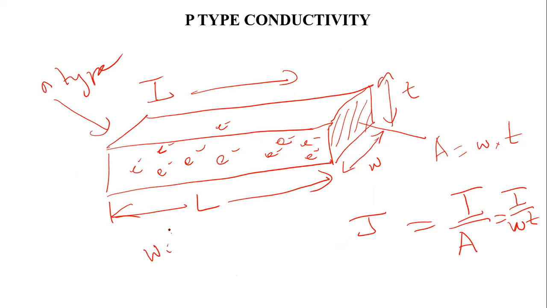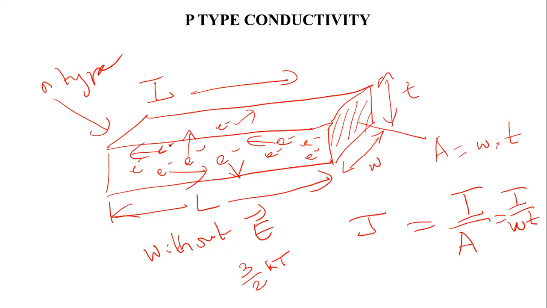Without an electric field, the only energy provided to these free electrons will be the random thermal energy; 3/2 kT will be the average kinetic energy. This average kinetic energy is a random thermal energy. It does not have any specific direction. Some of them will move in this direction, some downwards, some upwards, some like this. So random motion as a result of this thermal energy 3/2 kT cannot contribute to any net transfer of charge.